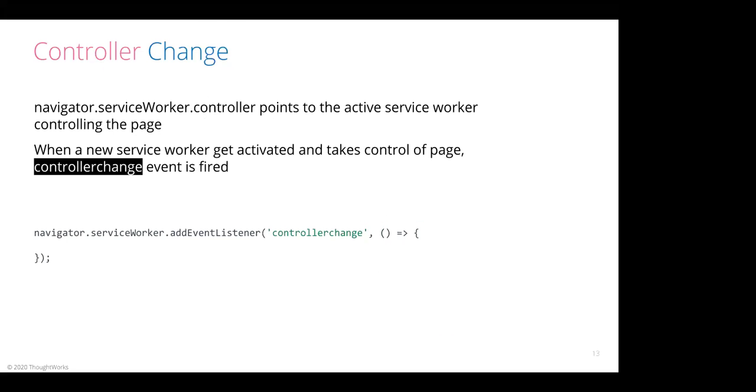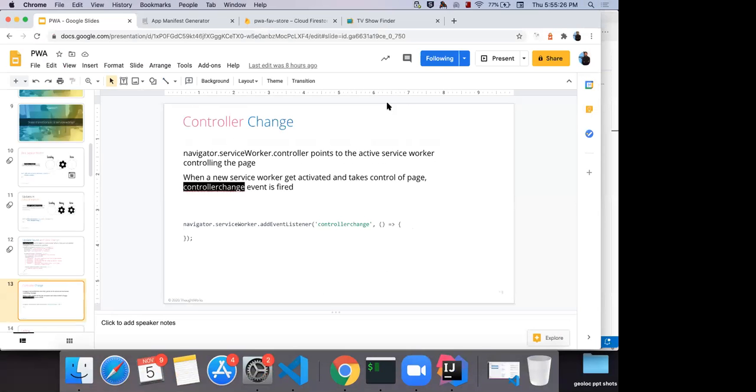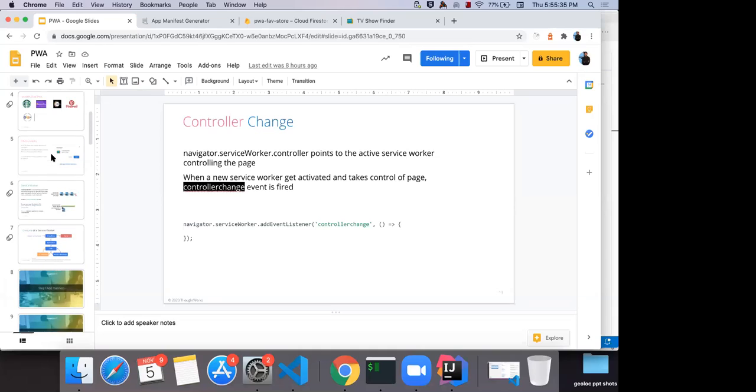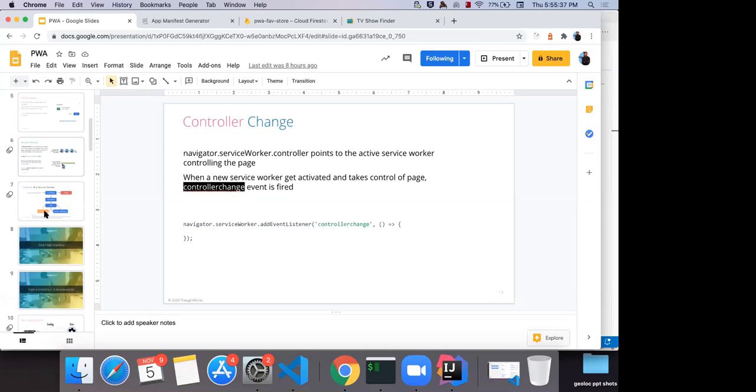Yeah. From this, we'll go now to the demo where we have the basic installability done, and maybe we'll see the basic service worker as well, where we have clients claim as well as skip waiting for a service worker.